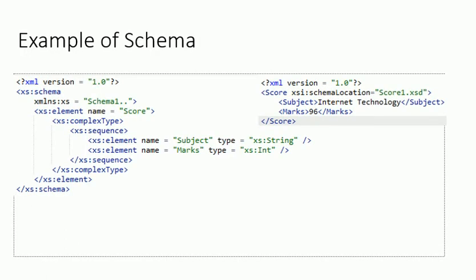Below is an example of XML schema. That is, we begin with XML schema, give the namespace. Here it is schema 1. Then we give the name of the element, that is score.